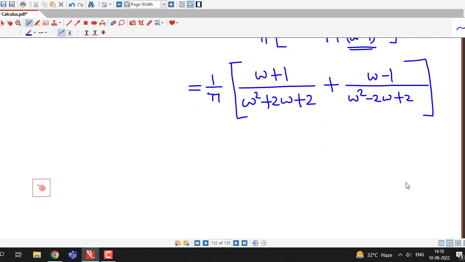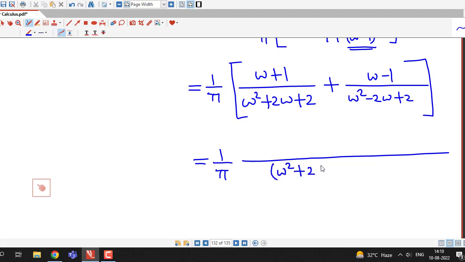So we have to simplify this expression, and now we take the LCM. For the LCM we write omega squared plus 2 plus 2 omega, and this I write as omega squared plus 2 minus 2 omega.